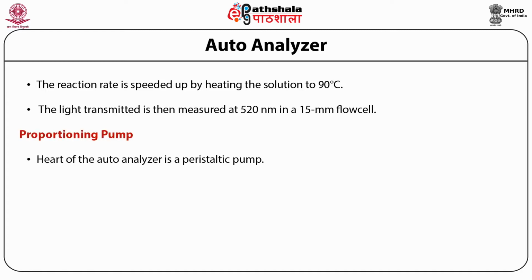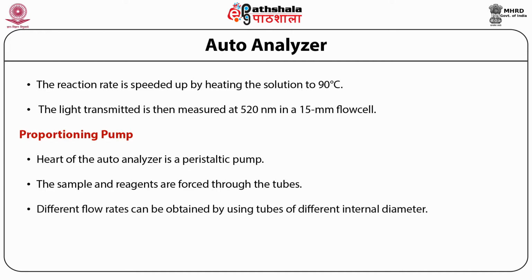The heart of the autoanalyzer is a peristaltic pump which has up to 28 separate flexible pumping tubes. The sample and reagents are forced through the tubes by means of transverse rollers that continuously squeeze the fluids ahead of them. Different flow rates can be obtained by using tubes of different internal diameter.